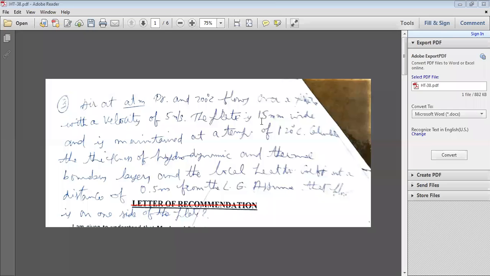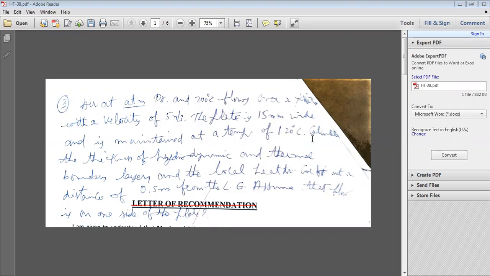And the plate is 15 mm wide. Width of the plate, B, is 15 mm, and it is maintained at a temperature of 120 degrees centigrade. Here the surface temperature of the plate is 120 degrees centigrade.